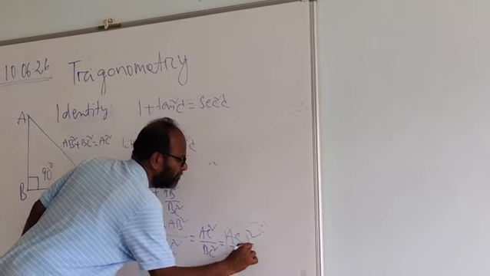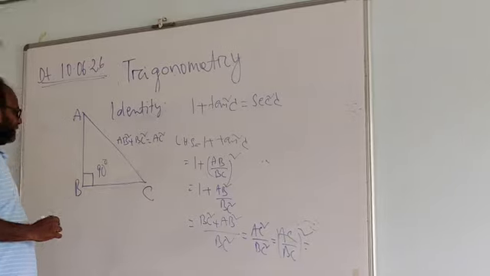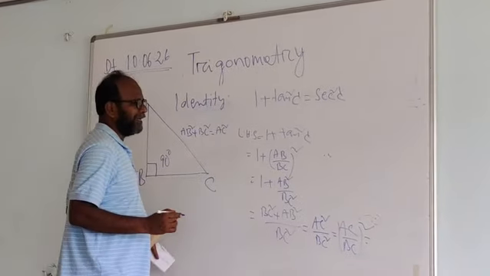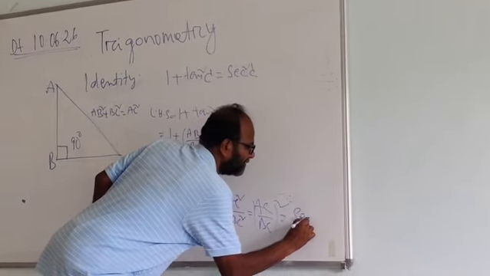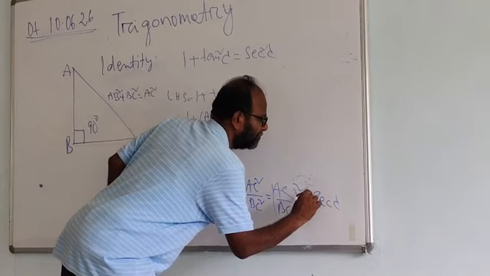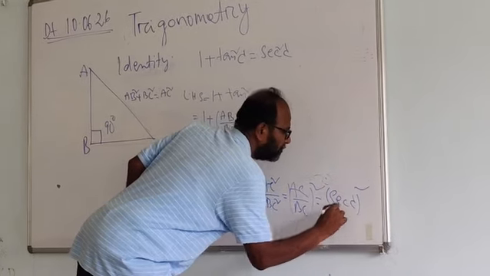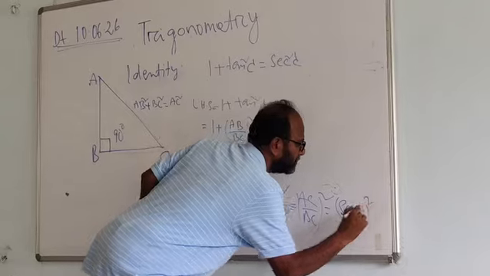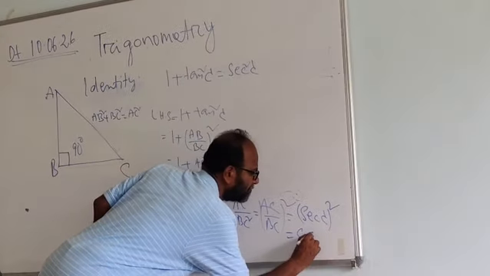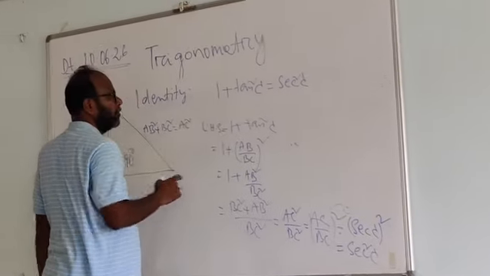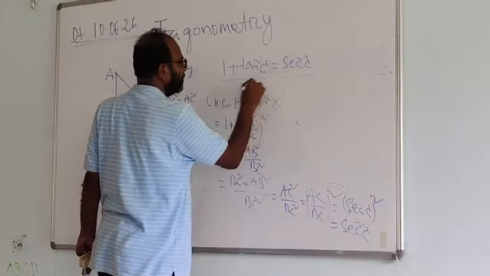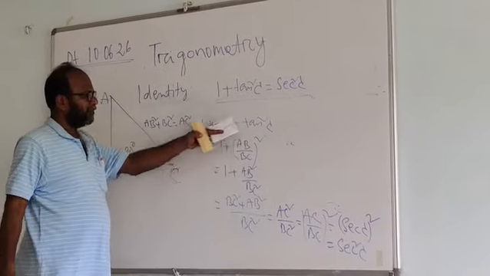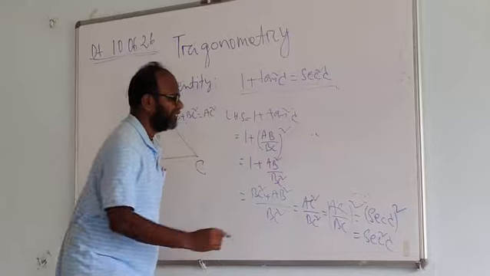That is AC by BC, that is sec C square. So that is sec square C. So 1 plus tan square C is equal to sec square C. That is proved.